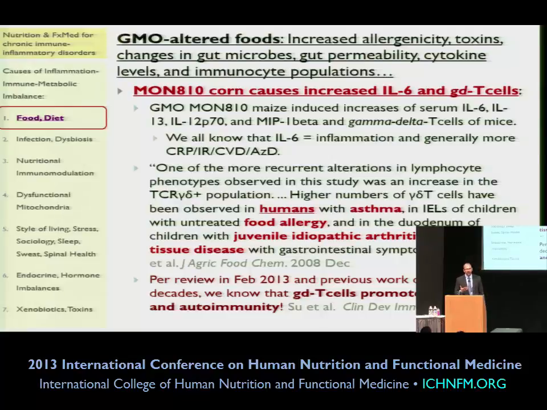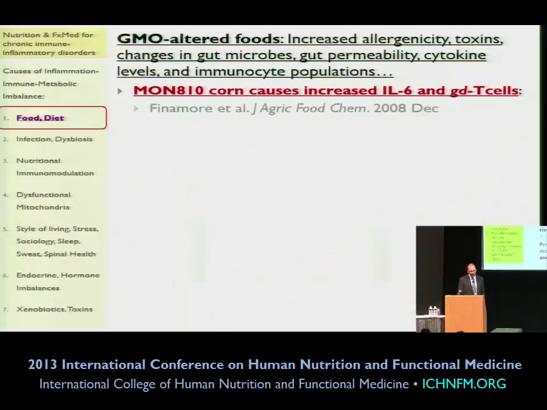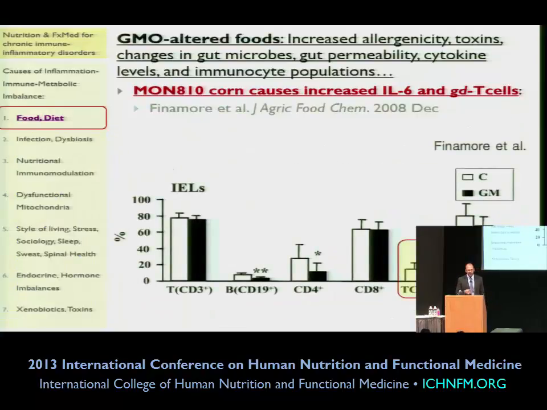One of the common themes in allergy and autoimmunity are these gamma delta T cells, which according to this animal study, the population of gamma delta T cells, as you can see in this diagram, was doubled, not by eating corn per se, but by eating genetically modified corn.